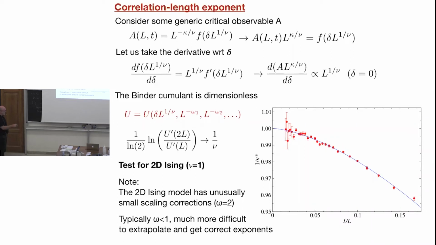Typically, this omega would be less than 1, and it's much more difficult. And even worse, in many cases, you really have to deal with maybe using two corrections at the same time, because even the second one may be big enough that it actually bothers you. In the 3D Ising, omega is around 0.8.